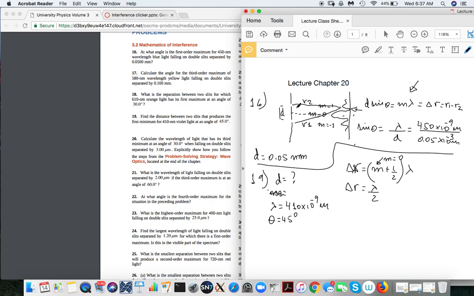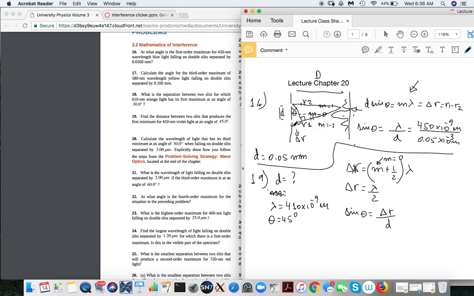In fact, this angle here is theta, and this is basically del R, assuming these two rays are parallel, which means you have to have the screen at a large separation so these two light rays become parallel. Then sine theta is equal to del R divided by d.